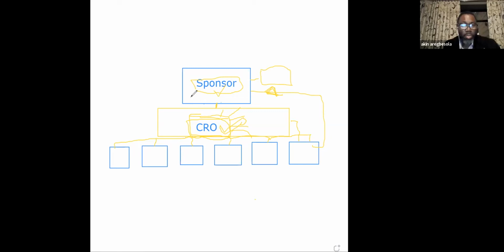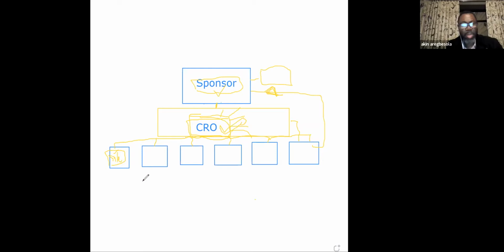Then there is something called on site, the primary person, the number one person that is responsible on site to the CRO and the sponsor. There are many people working on site, different levels of nurses and so on and so forth.